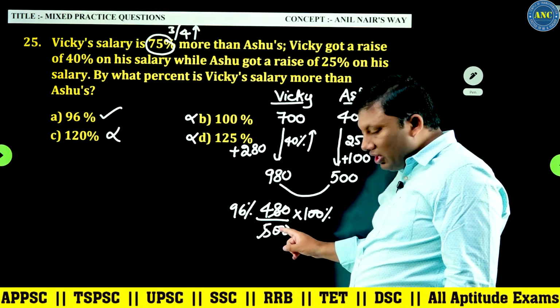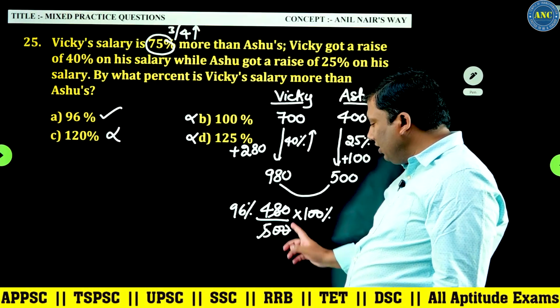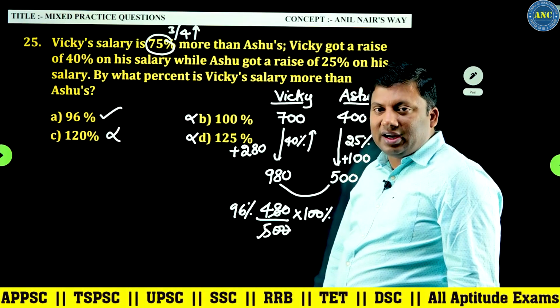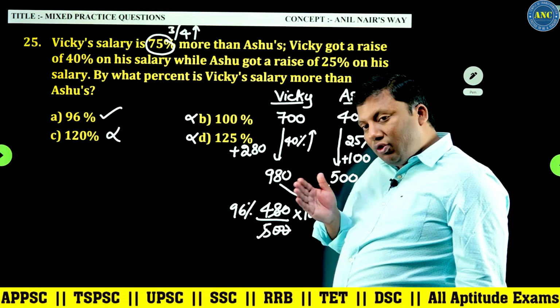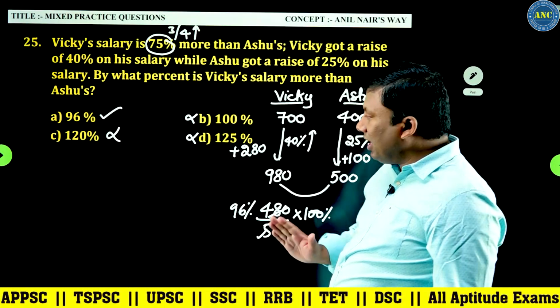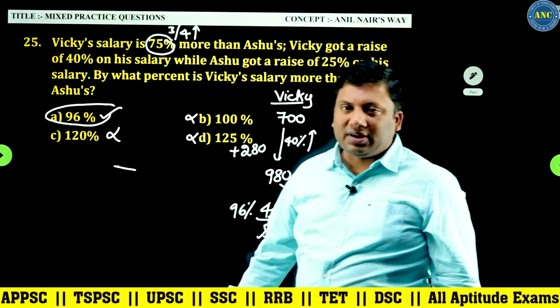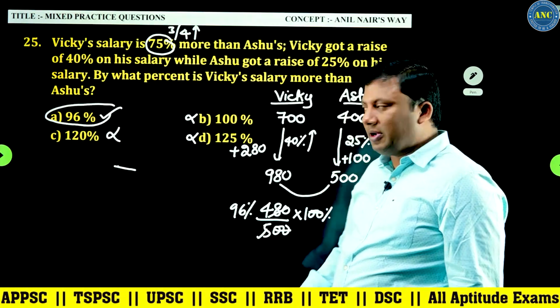There is an increase of 480 on 500. You can do it like this: 500 by 500 is 100%, 480 by 500 is less than 100%. The only option which is less than 100% is 96%.